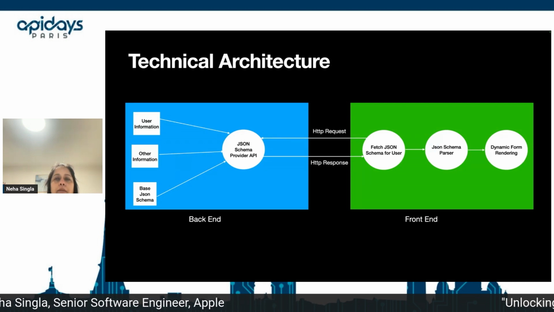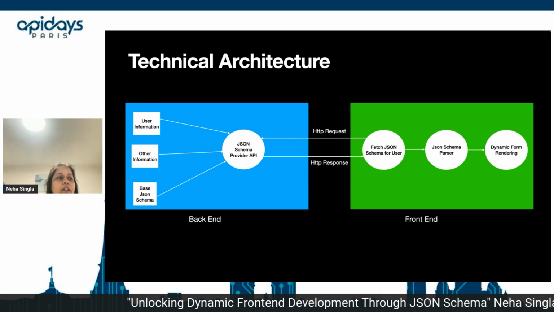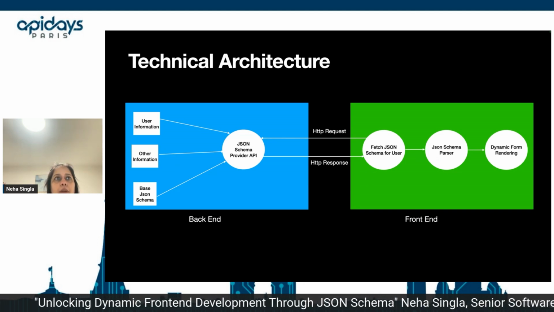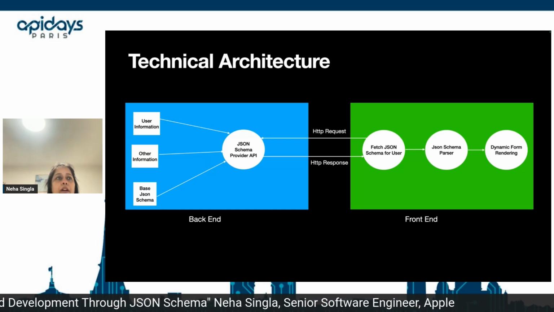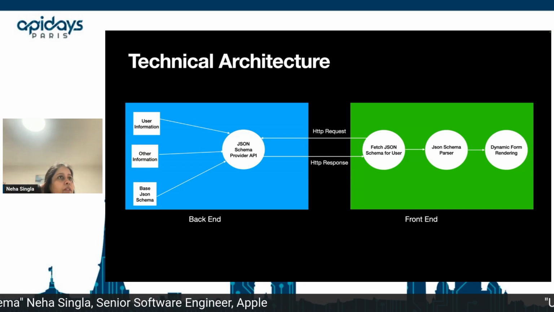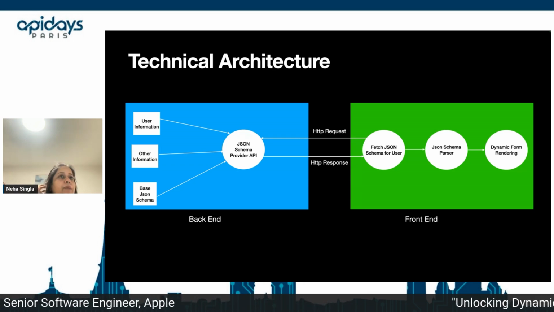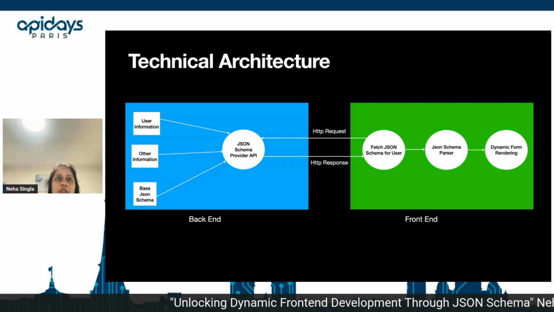Every time the UI has to render a form, it asks the backend, okay, give me the JSON schema. What's very interesting here is that we don't have a static JSON schema. Rather, the backend constructs the JSON schema on the fly by using user information, other types of information, and the base JSON schema.